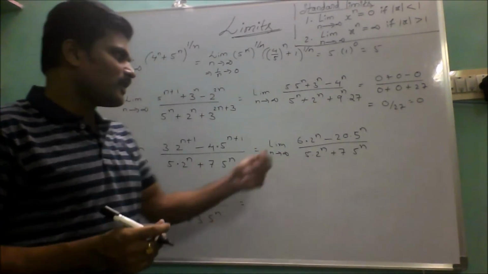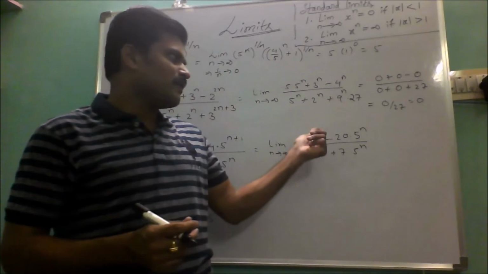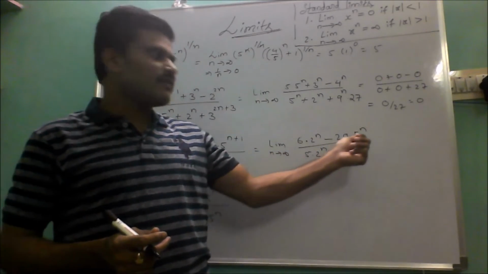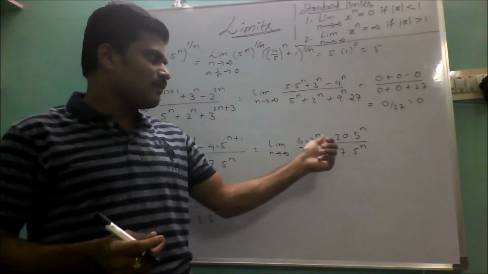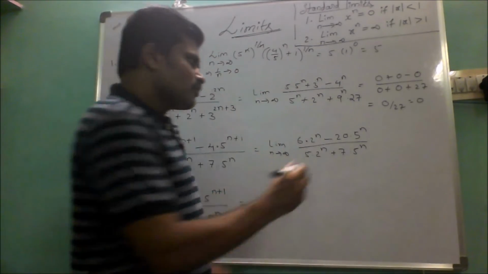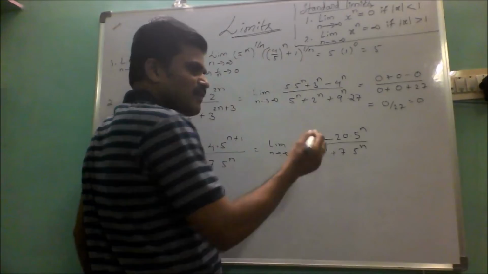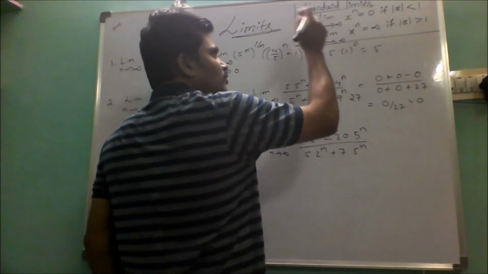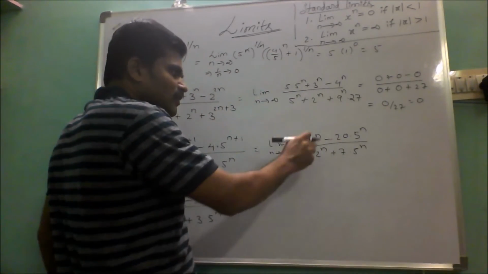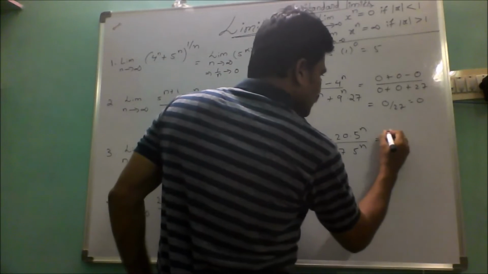Now we observe that 2 and 5 contain powers of n. The greater value is 5. Now divide by 5 power n. The limit of 2 by 5 power n is 0, because 2 by 5 is less than 1. So using the first standard limit, that value is 0.